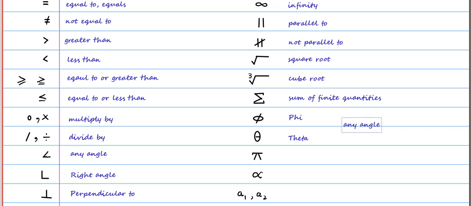Okay, these two both represent the same thing. They both represent any angle. And the next one, this means pi, and its value is 3.28.